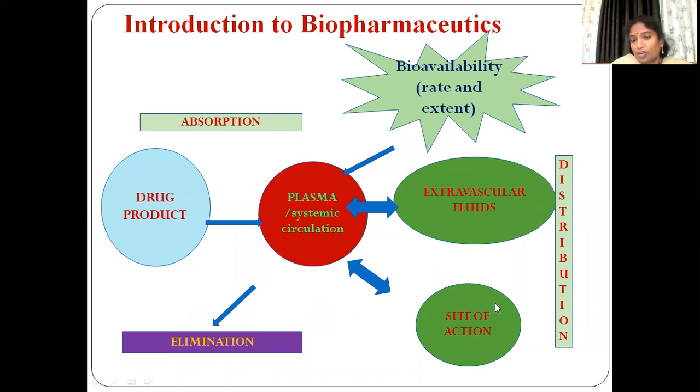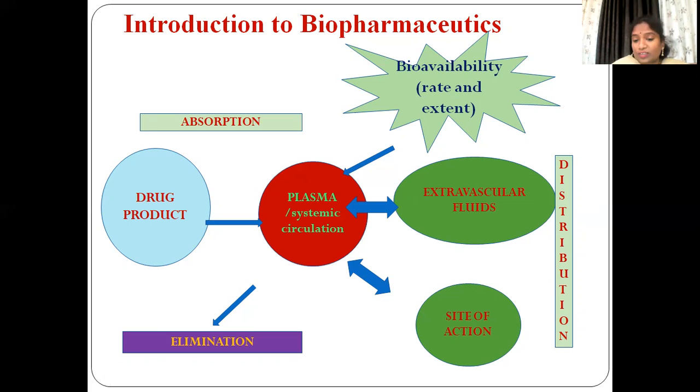When it binds to the receptor of the targeted site, it will show the pharmacological action.